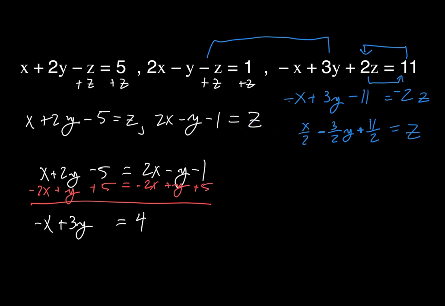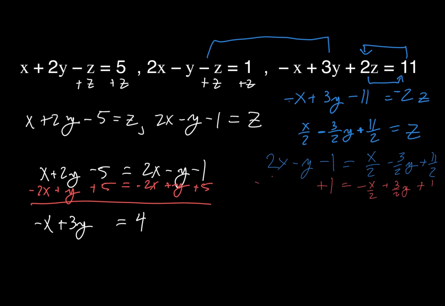So I will set them equal to each other. 2x minus y minus 1 equals the one I just did there, x over 2 minus 3 halves y plus 11 halves. Move all my x's and y's to the left, so minus x over 2 plus 3 halves y. And this 1 has to go to the other side, so I'll add 1 to that side.